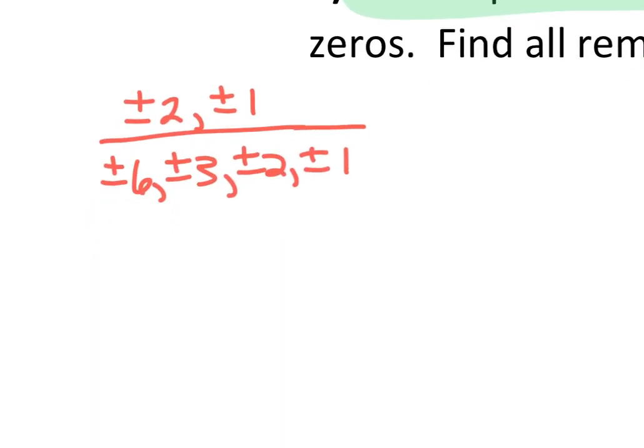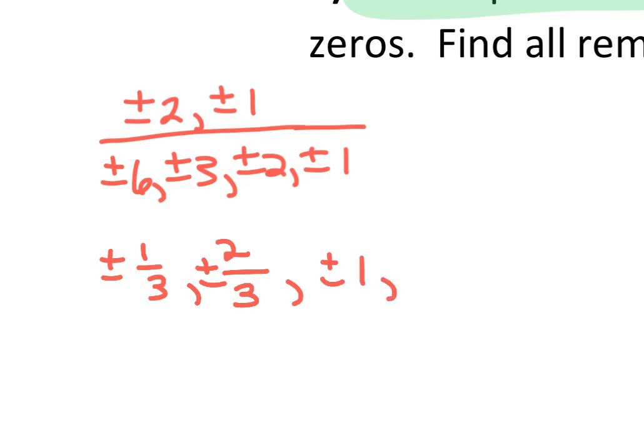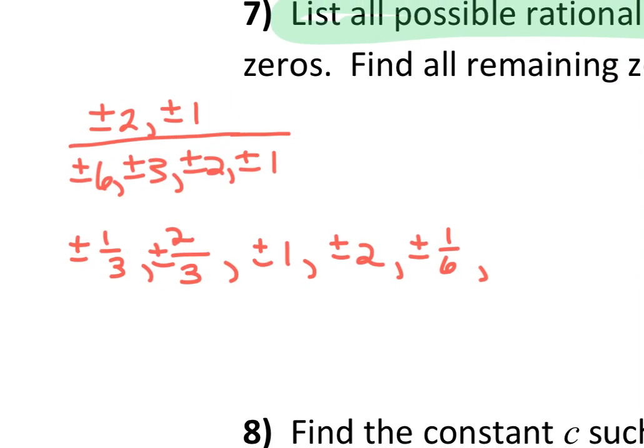And so my possibilities: 2 over 6 is 1/3, 2 over 3, 2 over 2 is 1, and 2 over 1 is 2. And then plus or minus 1 over 6. I already have 1 over 3, plus or minus 1 over 2, and 1 over 1, I already have 1 over 1.